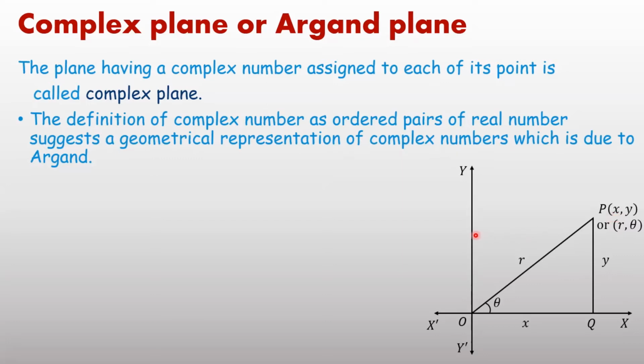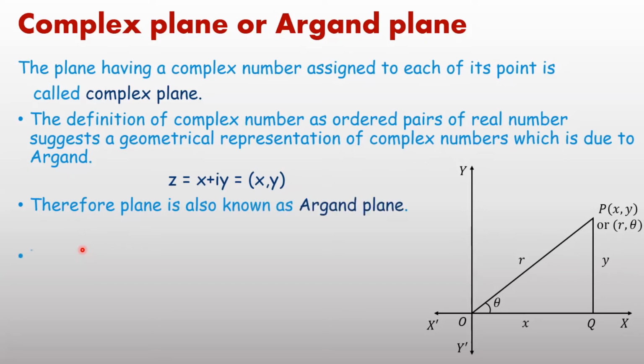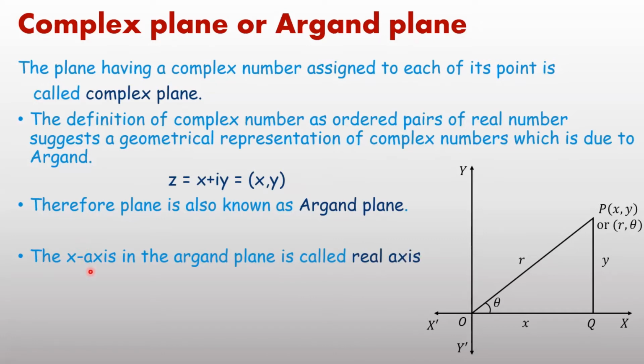The concept of the complex plane was first given by the mathematician Argand, therefore it is also known as the Argand plane. The x-axis, as we have already covered, is the real axis, and the y-axis is the imaginary axis.